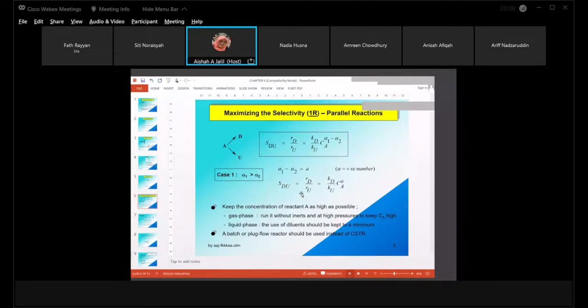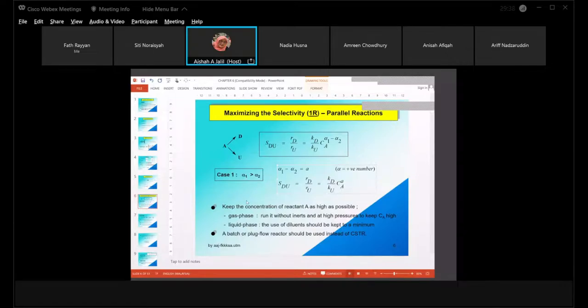Just follow the simple equation. If you want S to be large or big, what will happen here? CA to the power of a, small a, is over 1. So if you want S larger, CA must be larger or smaller? Larger.